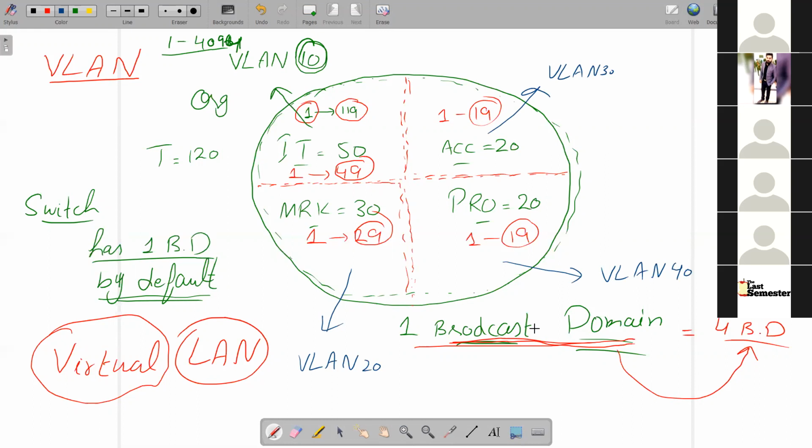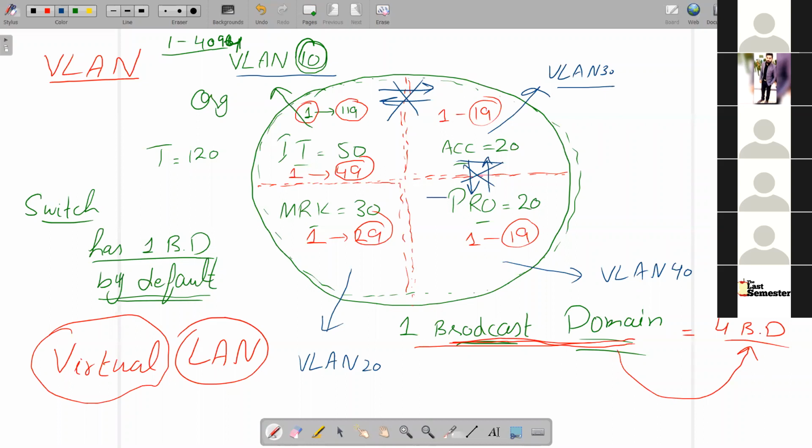And now what's going to happen? If the IT department is sitting in VLAN 10, and the accounts department is sitting in VLAN 30, they won't be able to communicate with each other. They won't be receiving any broadcast. The accounts department would not be able to communicate with the production network, and the production network cannot communicate with the accounts department.